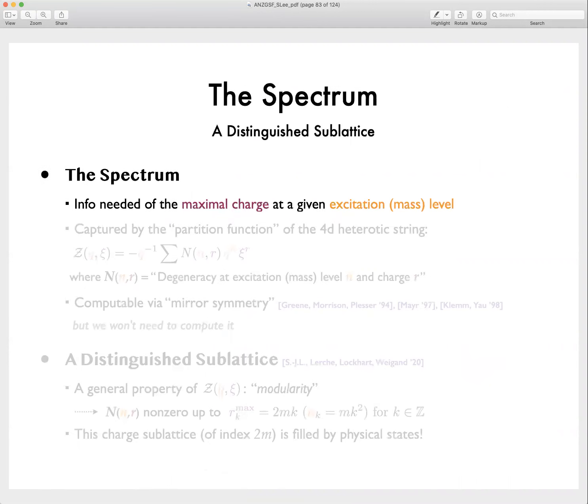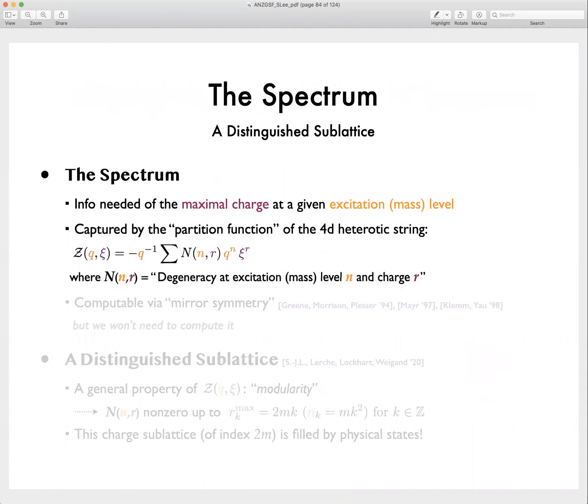Specifically, we need information on the maximal charge at a given mass level, for which quantitative guidance is provided by the partition function of the critical heterotic string. Its expansion coefficients, these capital N's, count the states at mass level N and charge R. While a certain practical technique is available for computing them, all we need to know for our purpose is just the maximal charge R at a given mass level N, rather than the precise values of all these N's.